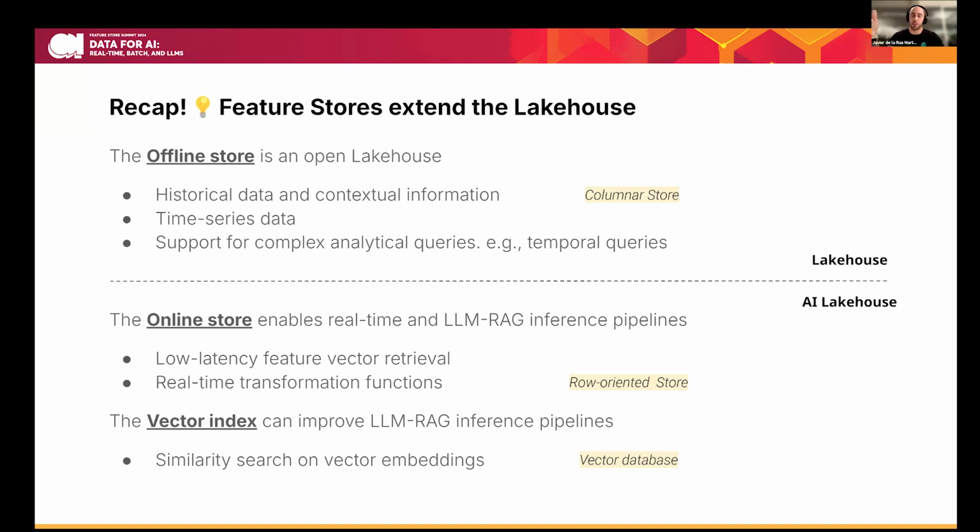So they are more performant for historical data and contextual information, and also for time series, and they support better complex analytical queries, specifically temporal queries. And then the online stores are mostly built on top of row-oriented stores that provide low latency retrieval and real-time transformations, which are more focused on real-time cases. And as well, we have the vector index for providing similarity search on vector embeddings.